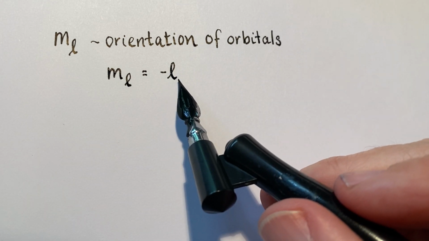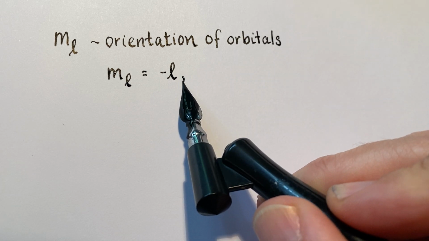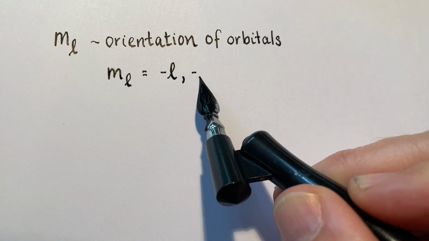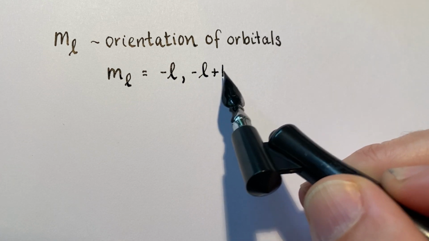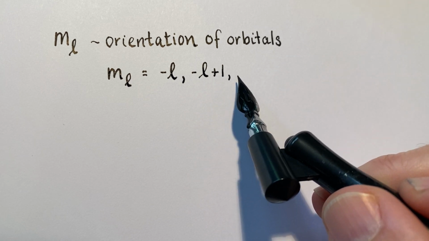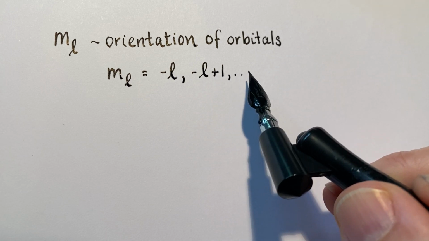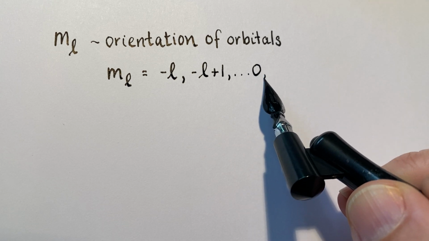M sub L can equal minus L, and then you go up one by one, adding 1. So another possible value of M sub L would be minus L plus 1, minus L plus 2, minus L plus 3, depending on what L is, up through 0.